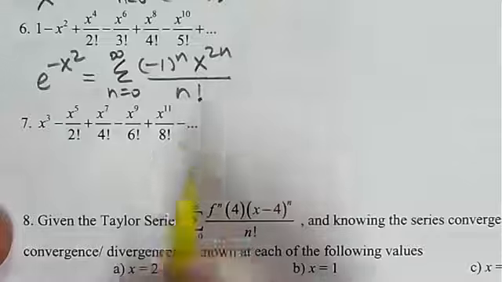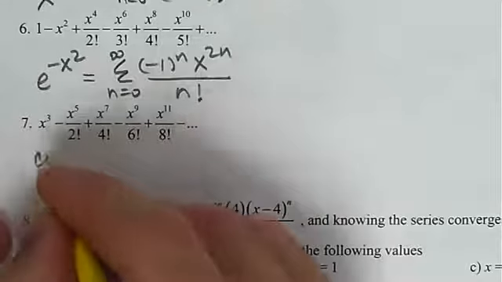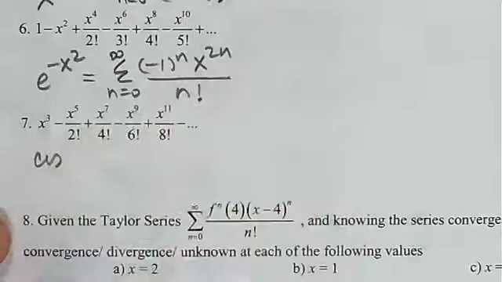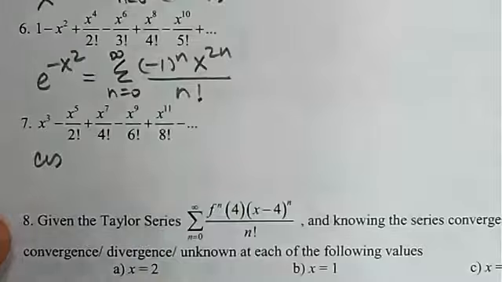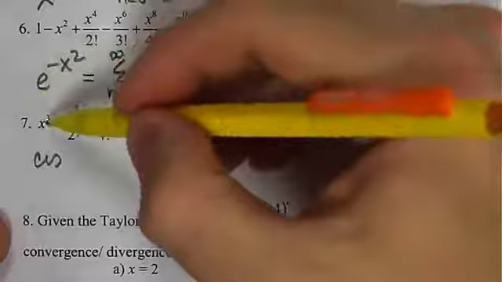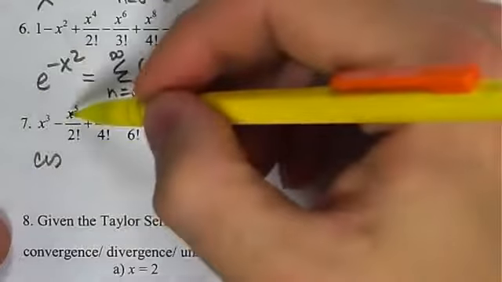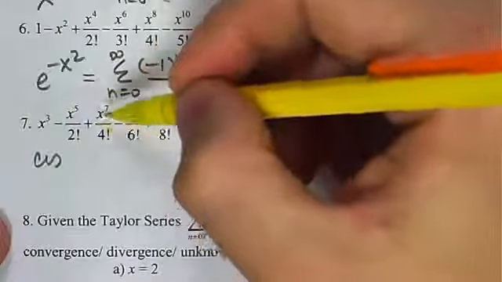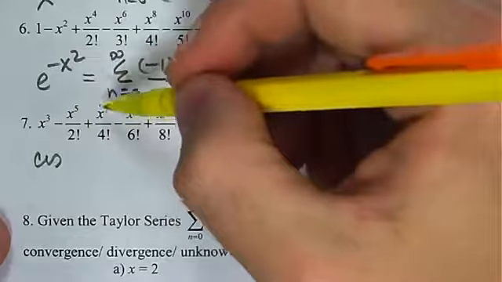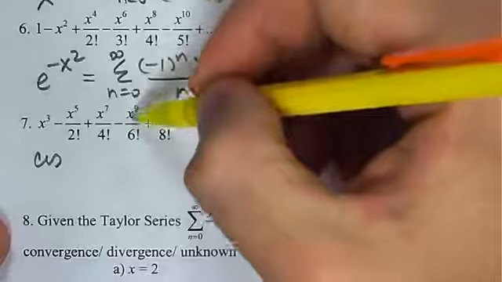Okay, this is going to be related to cosine for sure. And so whereas I'm expecting 1 minus x squared over 2 factorial plus x to the 4, it's always just 3 bigger than I'm expecting, x to the 6 over 6 factorial.